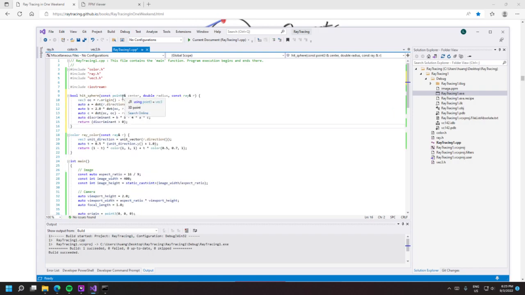So it basically has this point center and this double radius and this ray that we fixed called R. The vec3 OC is the vector that's from the ray to the center of the sphere.